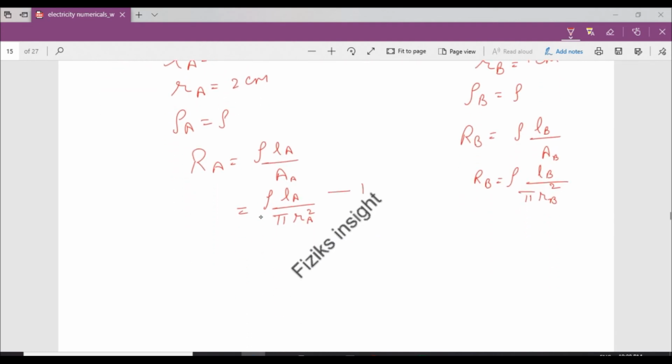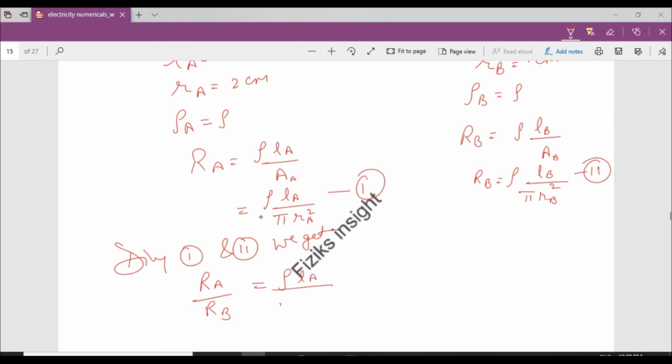Let it be equation 1 and equation 2. Dividing 1 and 2, we get RA upon RB. RA is rho LA upon pi RA square, upon RB which is rho LB upon pi RB square.